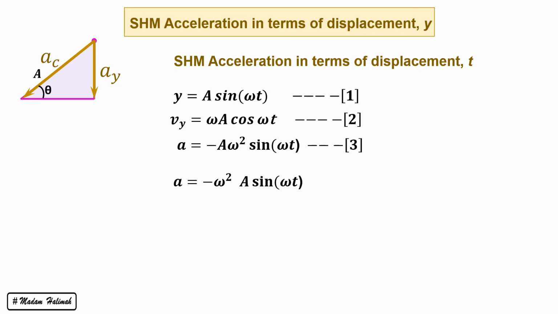Acceleration A is equal to minus A omega square sin omega t, which A sin omega t is equal to y, from equation 1. So, kita boleh tulis A is equal to minus omega square y.